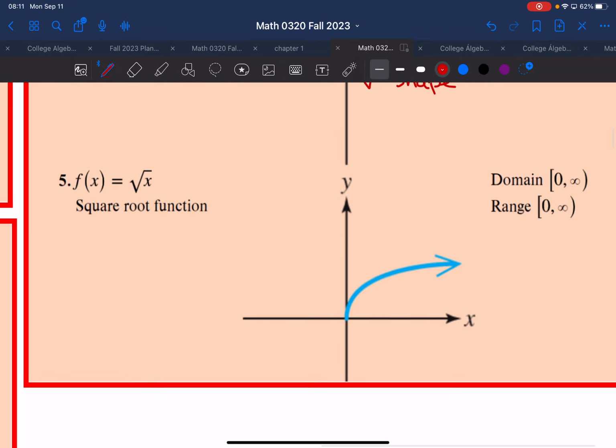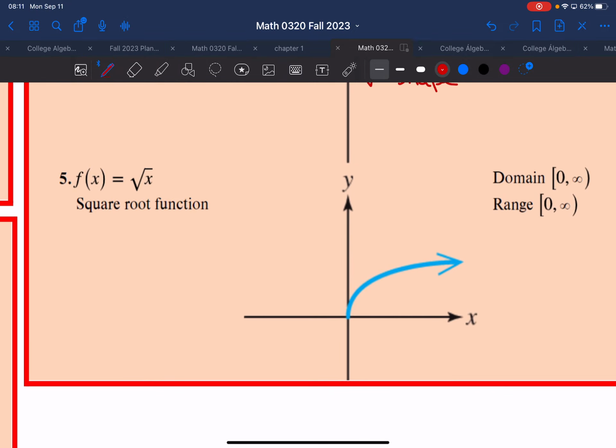The next function we're going to look at is the square root function. The square root function is represented by f of x is equal to the square root of x, or we could write that as y is equal to the square root of x. When we see the square root function, imagine it like half of a quadratic, right?